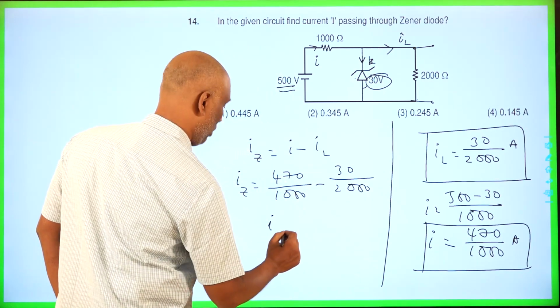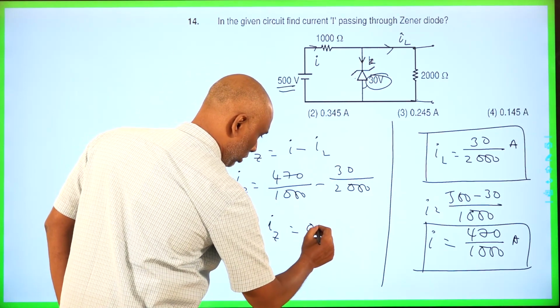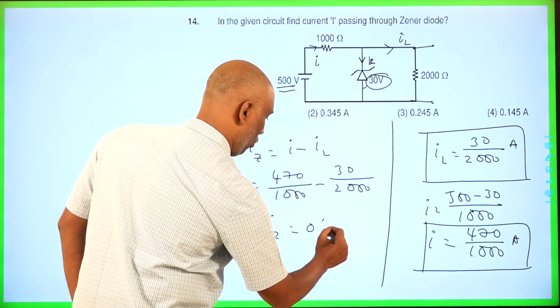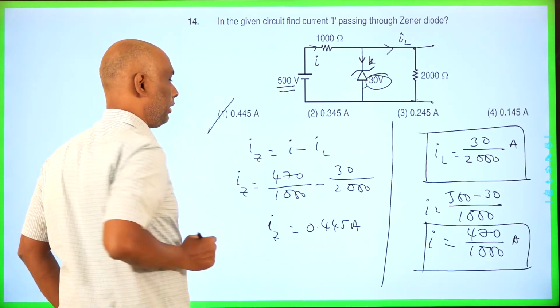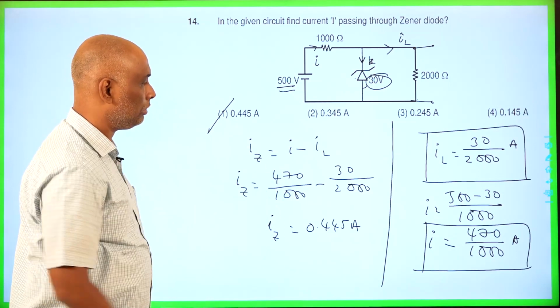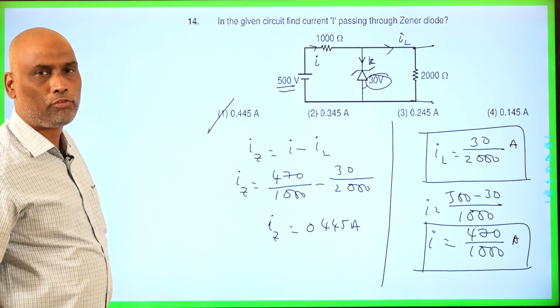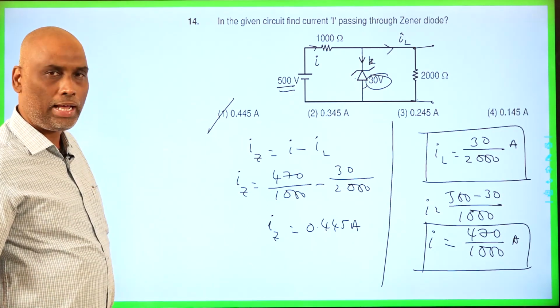On simplification, we get 0.47 minus 0.015. Subtracting, we get 0.445 ampere.